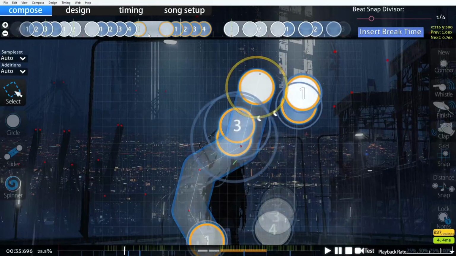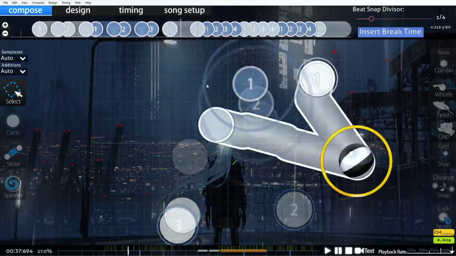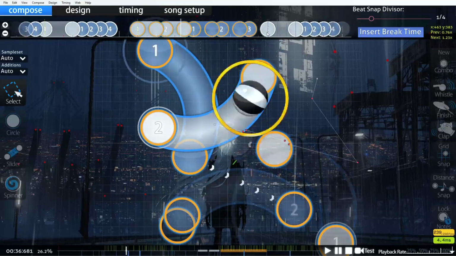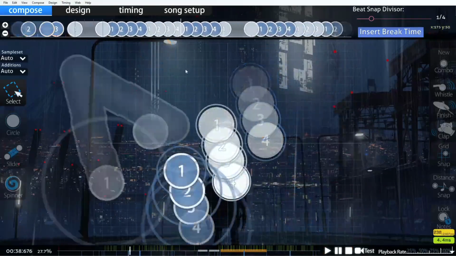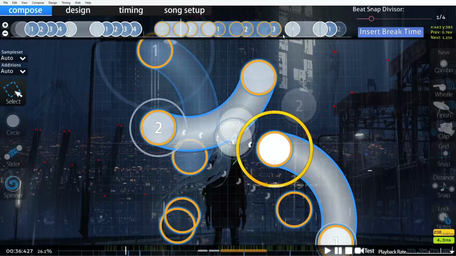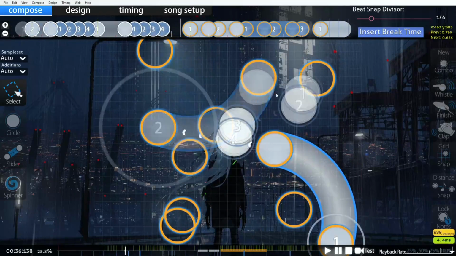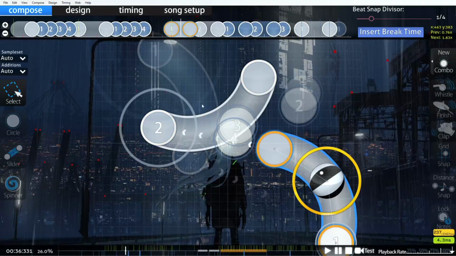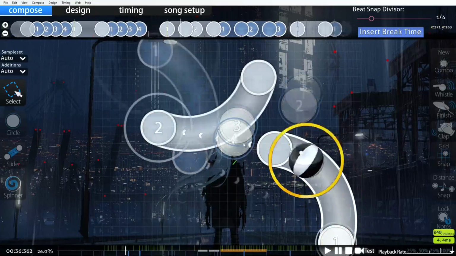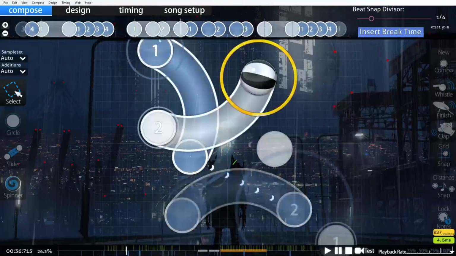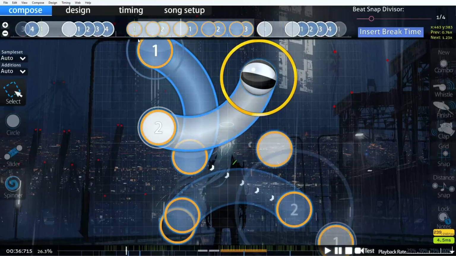What happens here? After this right here, it's just like a breakpoint of the song. So guess what? We're going feminine letters. Why? Because this puts really good emphasis on this break section right here.